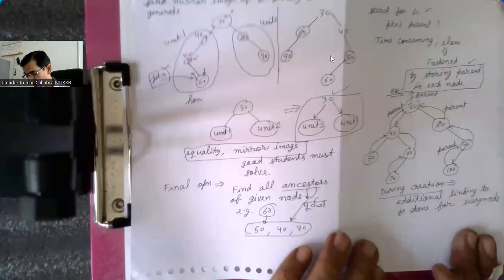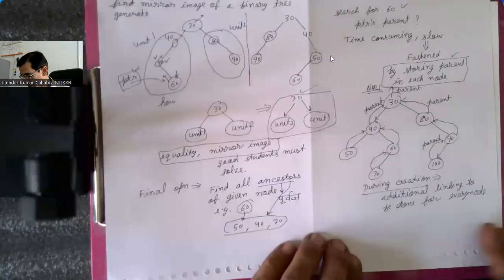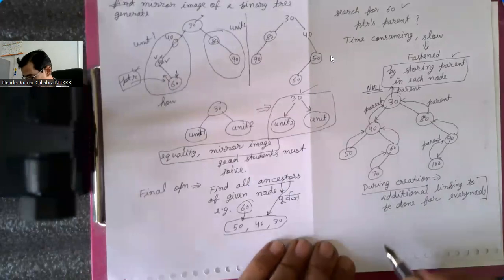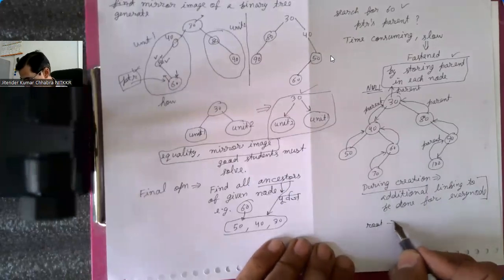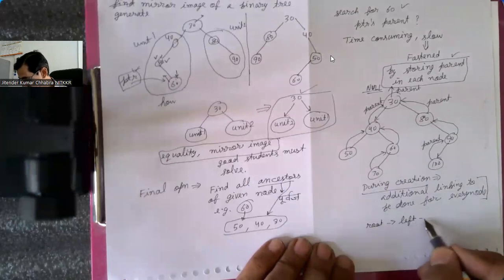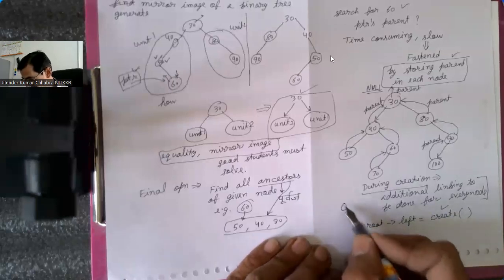Or to be done for every node, for whatever nodes you have done, for all of those nodes, this additional linking must be ensured. For example, earlier you said root arrow left equal to create. That is fine. But you have maintained only one side link.